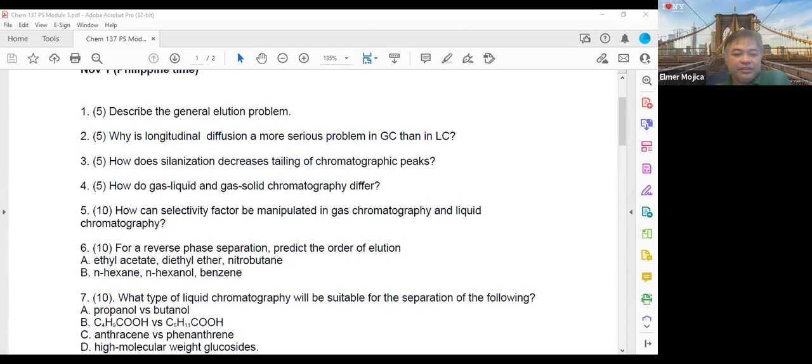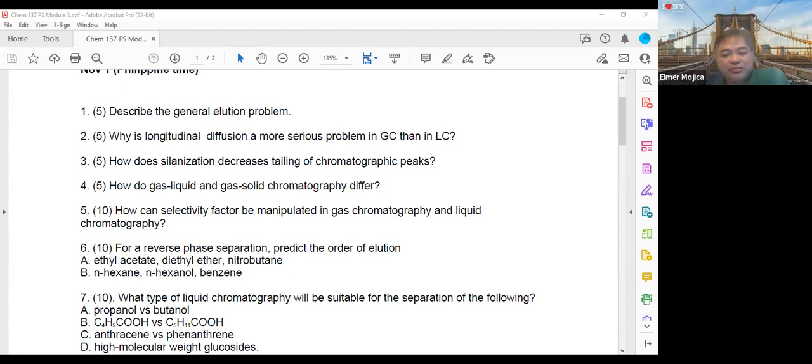So, ang question that is being asked, why is longitudinal diffusion a more serious problem in GC than in LC? So, the first question that you asked, where does the term longitudinal diffusion come in when we talk about chromatography?